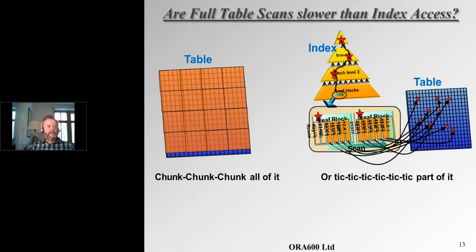If you need less than that, then an index range scan is going to be faster. And the larger the table is, generally speaking, the smaller a percentage of the records that a query needs is going to be more efficient for a range scan. So if you've got 1 billion records in a table, it's probably going to be anything more than 0.1% of the records, you might be faster doing a full table scan.